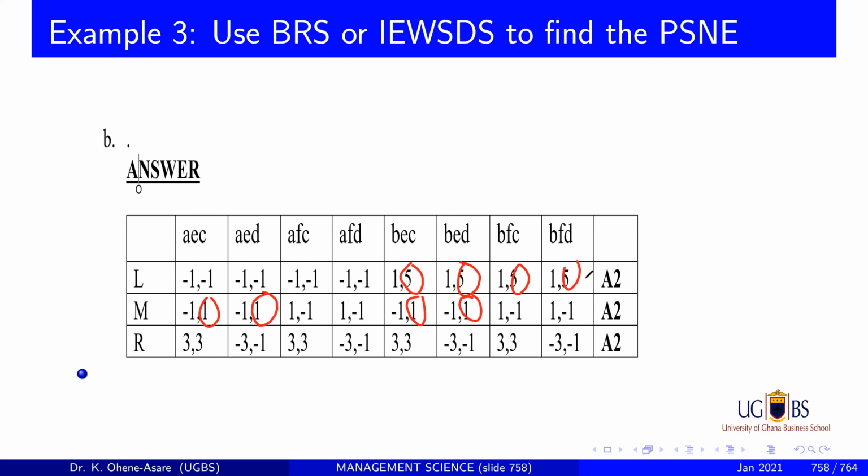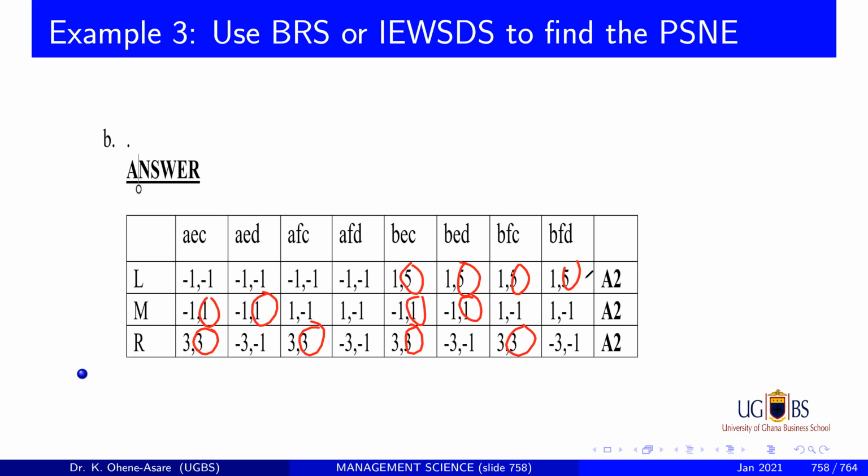And if player one plays R, the best response for player two will be all the positive 3s, so +3, +3, +3, +3.